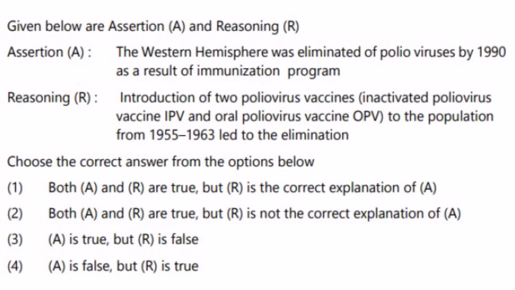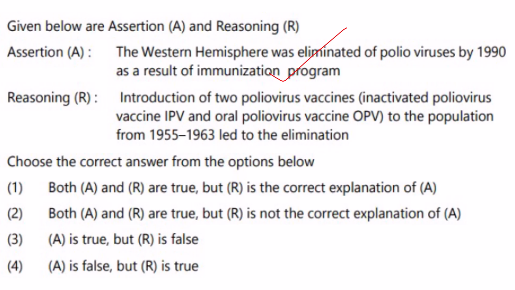Then next one, again assertion and reason. The Western Hemisphere was eliminated of polio viruses by 1990 as a result of immunization programs. 100% correct. Then why was this eliminated? Because of immunization programs. They have two polio vaccines, oral and injected one.